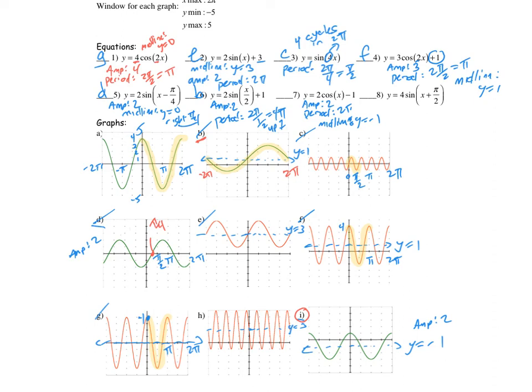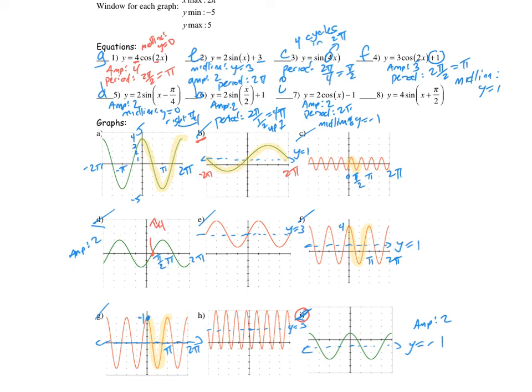Let's make sure that I works. So we have a midline at y equals negative 1. And it's a cosine, so it should be going through a maximum when x equals 0. So this does go through the maximum when x equals 0. And the period is 2 pi. So number 7 corresponds with I. I'll cross off I.